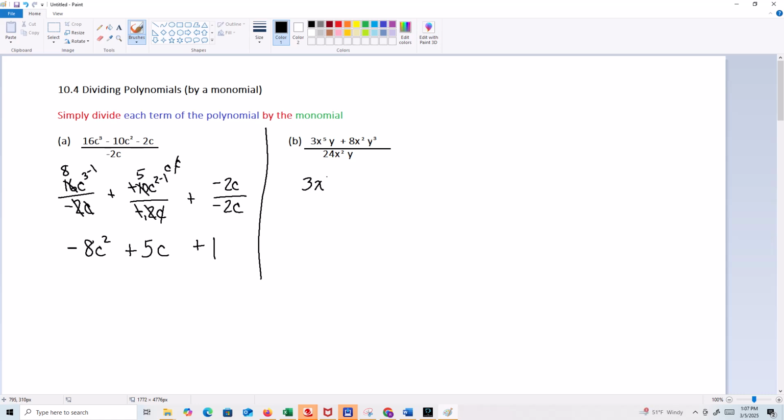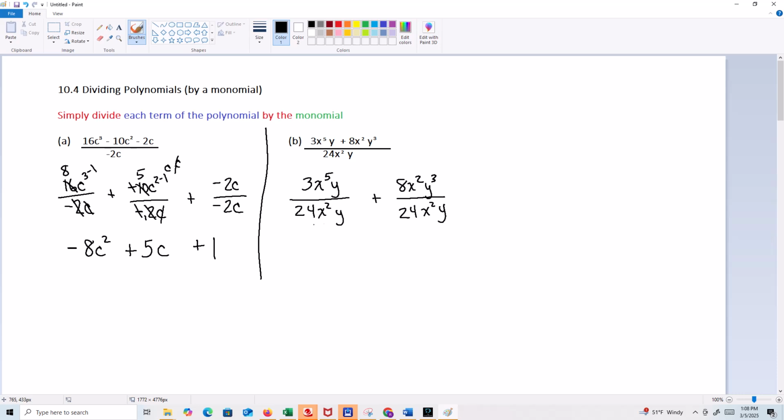We have 3x to the 5th times y divided by 24x squared times y plus a positive 8x squared y cubed divided by 24x squared y.